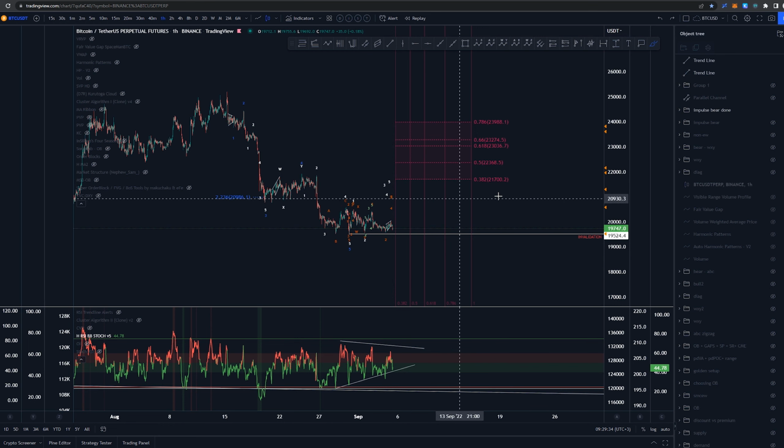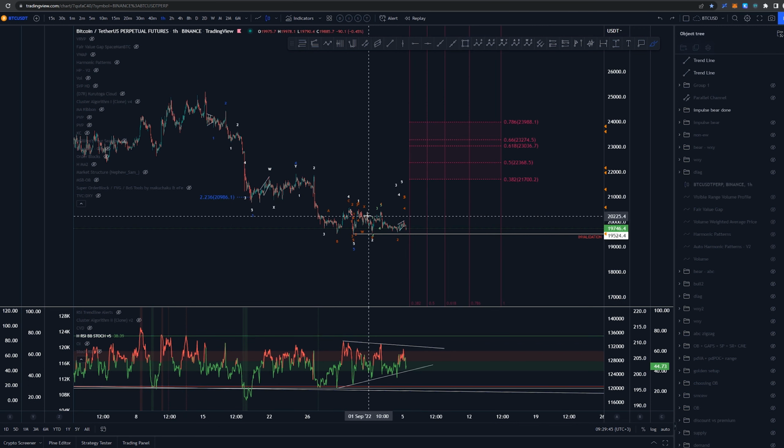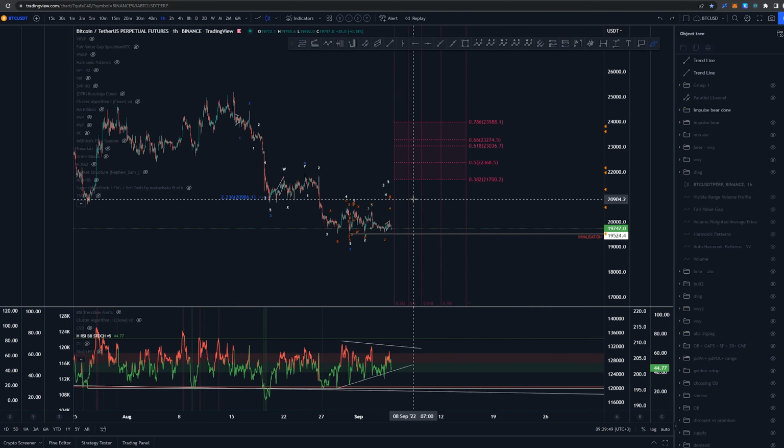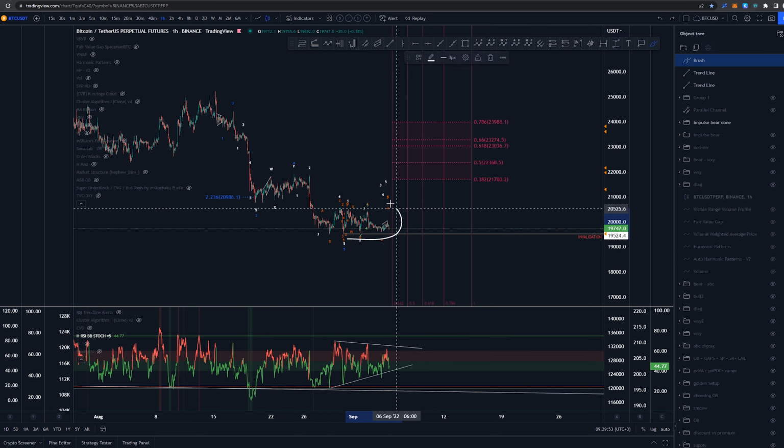Again, we have two scenarios which can both happen. I'm still leaning more towards this one, in which instead of this being wave 1, we could have this as a wave A, but we'll see how it turns out. I'm not quite sure how this is going to play out.